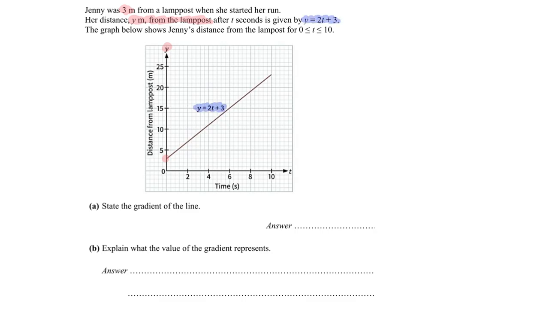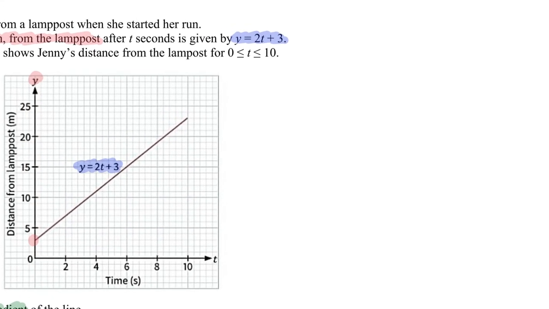The very first thing they ask us is, what is the gradient of this line?